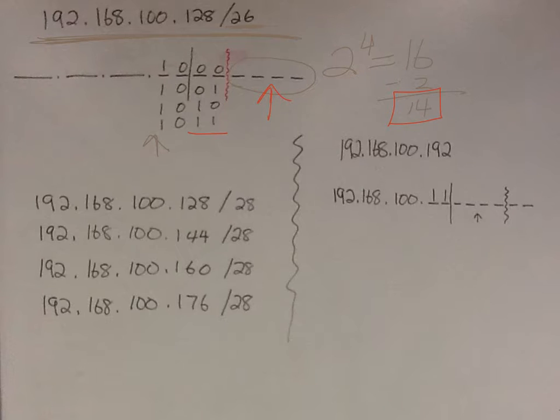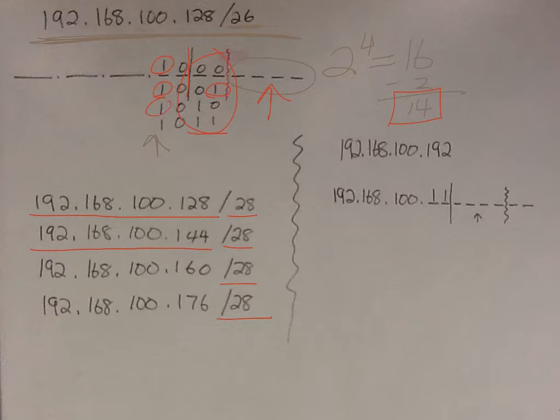And here then, 2 more bits. This was 26. 2 more, so now it's 28. And we have 4 combinations. So we did the first one, 128. That would be this. Then we took 128 plus 16, 144.